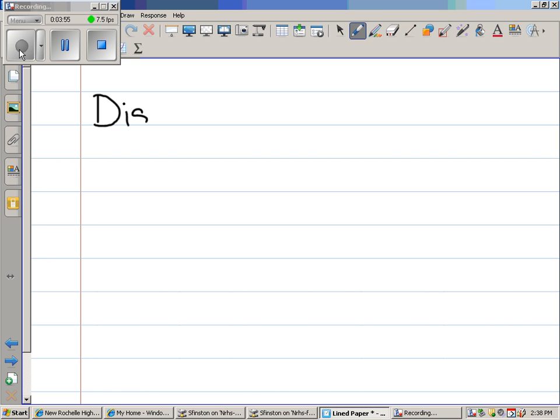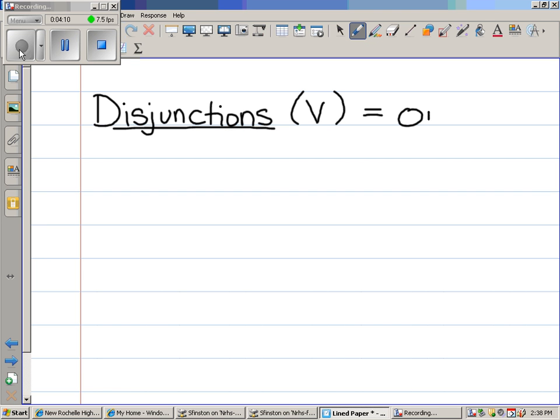There's also something called disjunctions. Disjunctions are represented by a V-looking shape. And in terms of words, they mean the word "or."